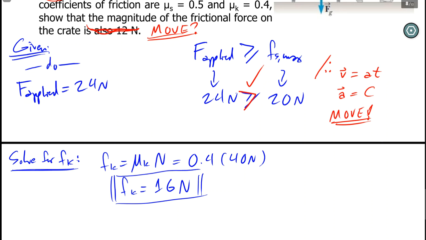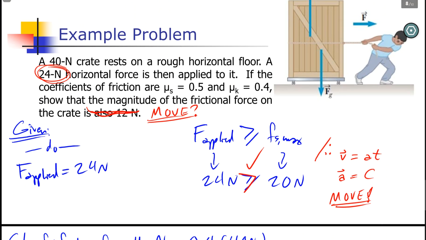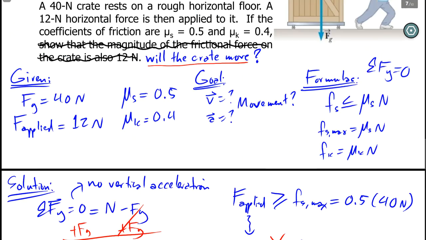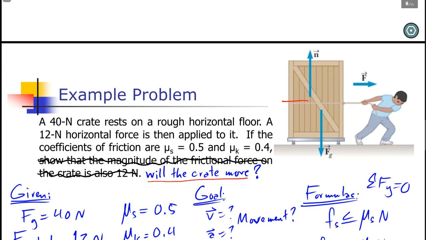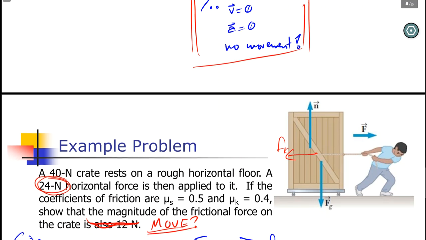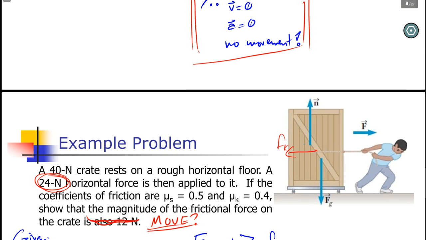Now it kind of went a little bit different here. It's our F net. I even forgot for this one, we also have a static friction, but in this case the kinetic friction is going to be smaller.